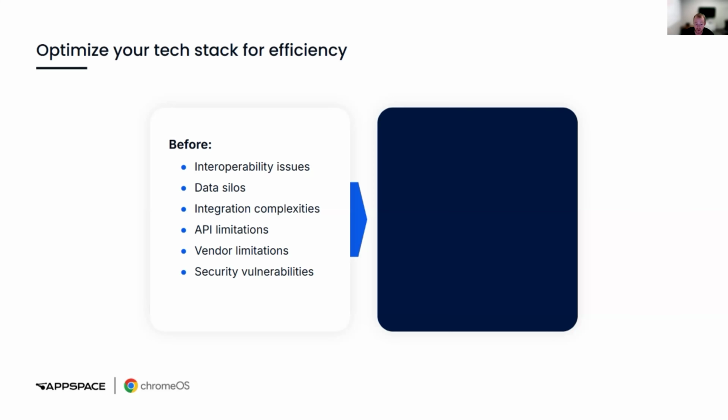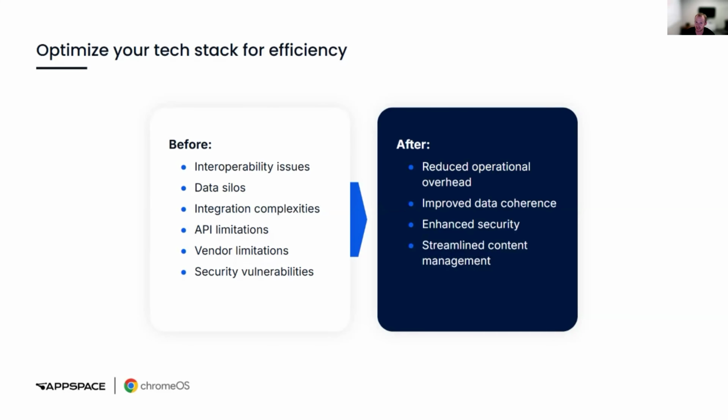With Appspace and ChromeOS, you can move to a world of reduced overhead, coherent and usable data, an operating system with 0 reported ransomware attacks ever. You're going to hear me say 0 a lot, but in a good way, like golf, lower is better. Industry-leading content management, and a cloud-first, future-forward infrastructure.